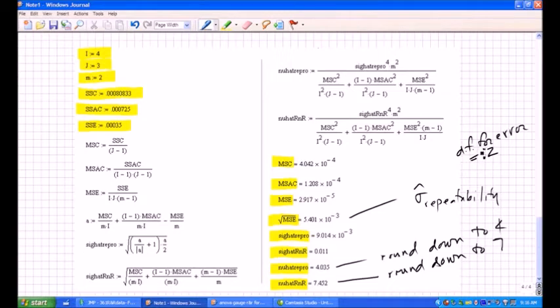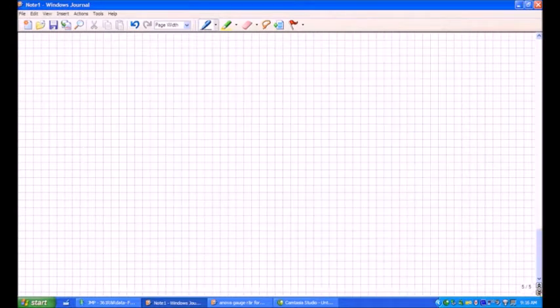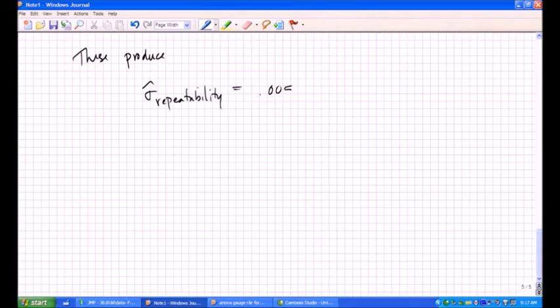Alright, so then you can take these things and check the calculations here. For example, say sigma hat repeatability, that turns out to be 0.0054.